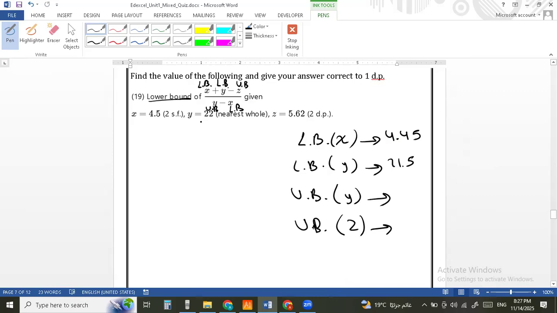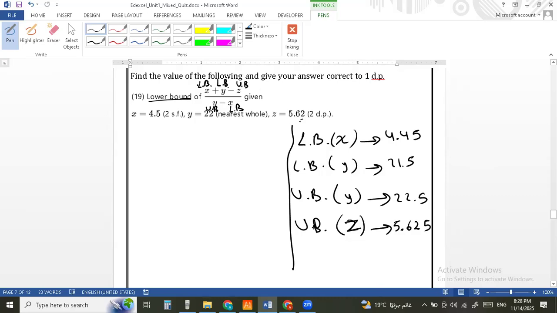Upper bound of y, add half, 22.5. Upper bound of z, it's rounded to two decimal places, so add 0.005 to it for the upper bound, so it is 5.625. This is the upper bound. Let's answer it.